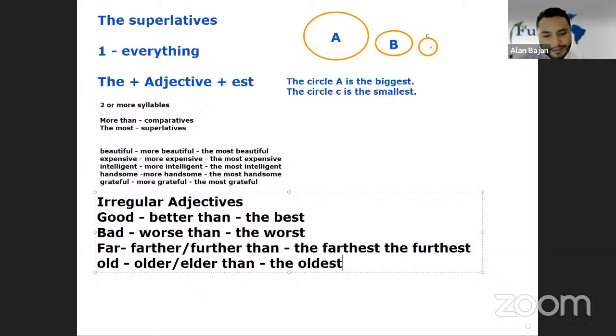The oldest or the eldest. Panchito is my eldest brother. Panchita is my eldest sister. La hermana más grande de edad, no de tamaño, edad.